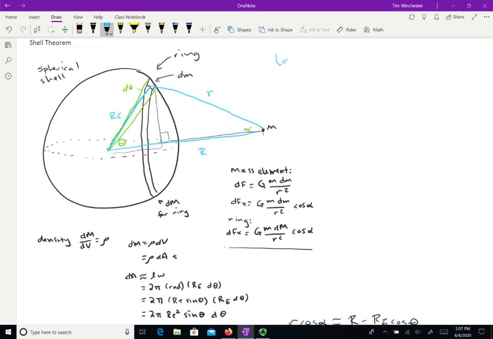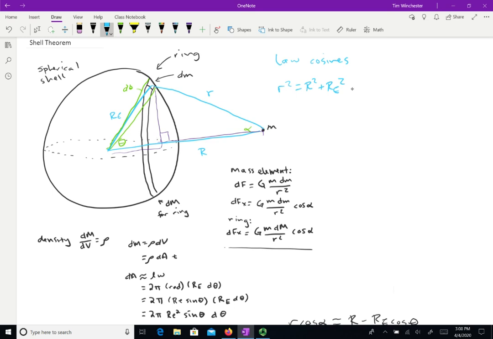What the law of cosines says for that blue triangle is that r squared equals big R squared plus r_e squared. So far that looks a lot like the Pythagorean theorem, and that would be it if theta was 90 degrees, but it's not.